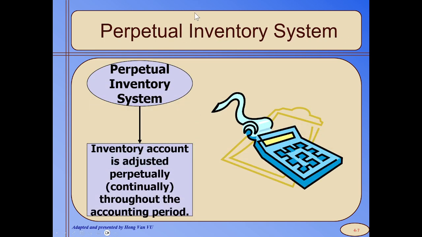Most modern companies maintain their inventory records using the perpetual inventory system. This inventory system adjusts inventory accounts perpetually, meaning continually throughout the accounting period, for each purchase or sale of inventory.